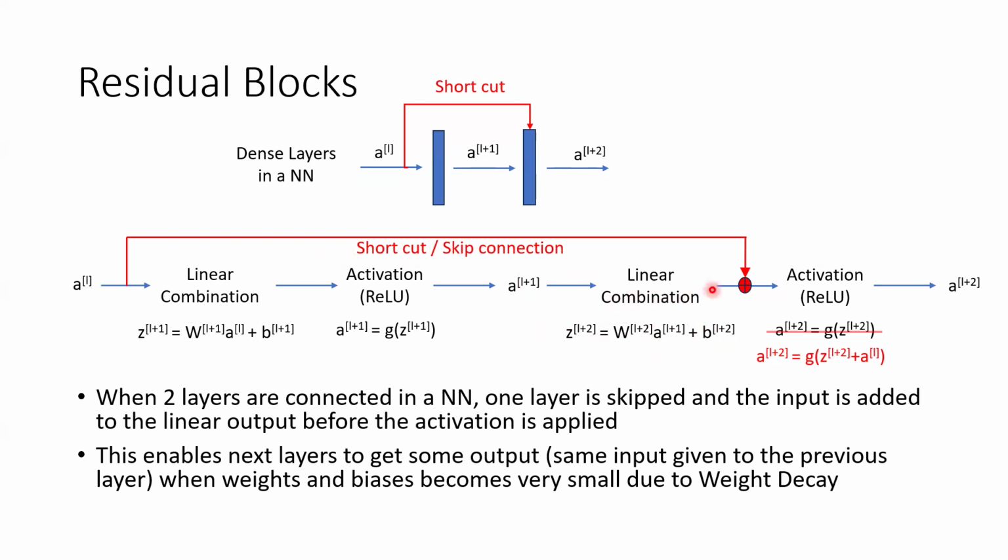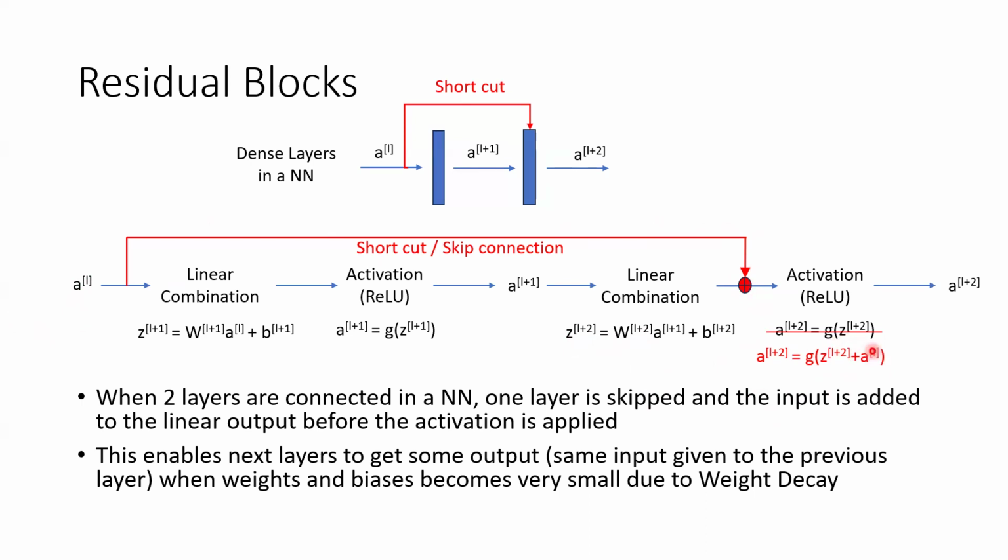If there is no shortcut, we then apply the activation function and get the output A_L+2. But with the shortcut, we take this A_L value and add it to Z_L+2.